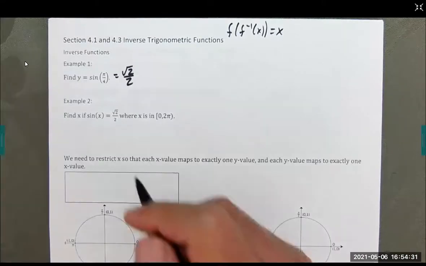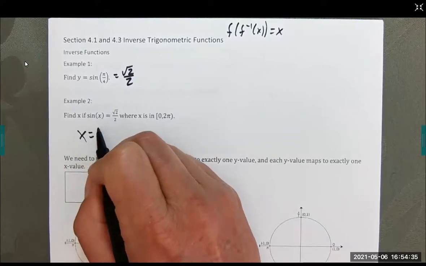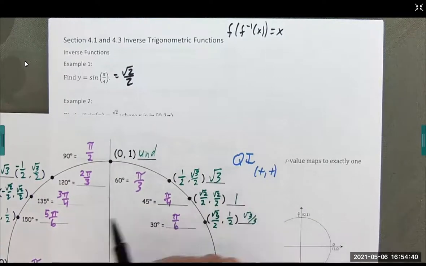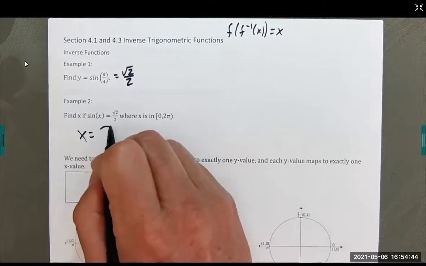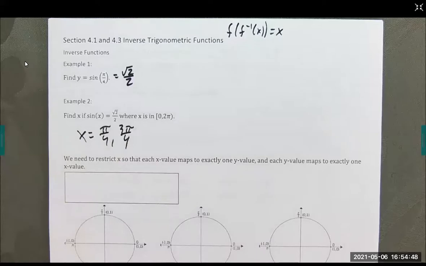So what angles are going to work for this? X is going to be, as I just showed you, positive root 2 over 2 is pi over 4. Positive root 2 over 2 is 3 pi over 4. When it comes to inverse functions, this is not good.